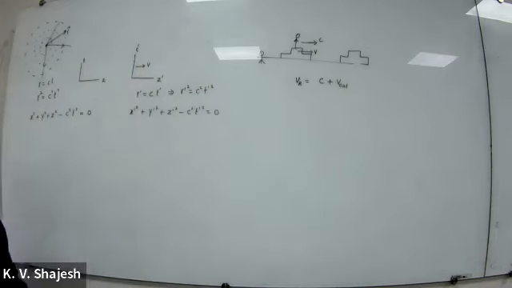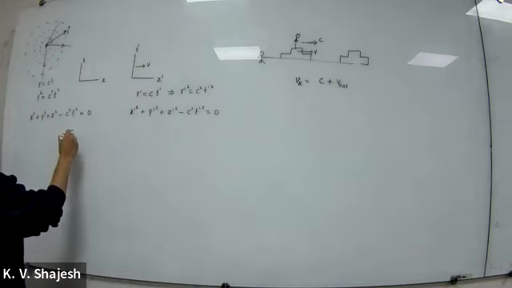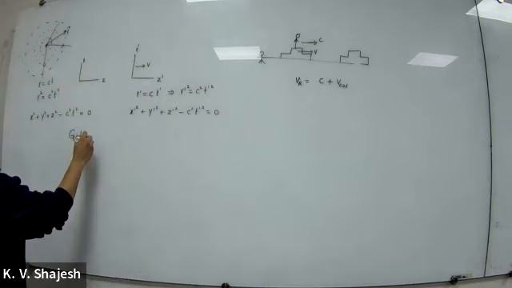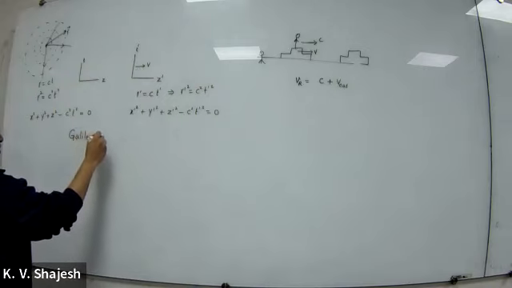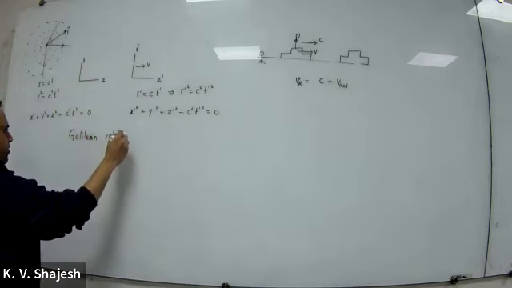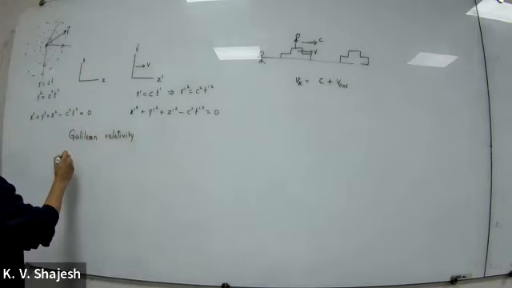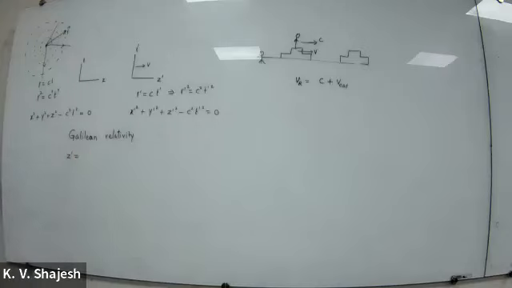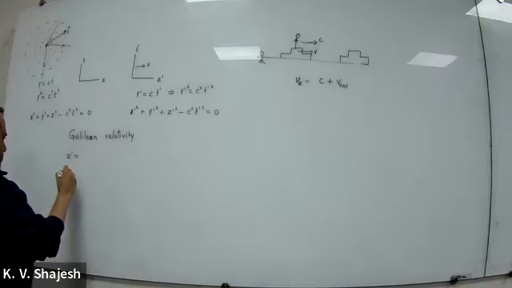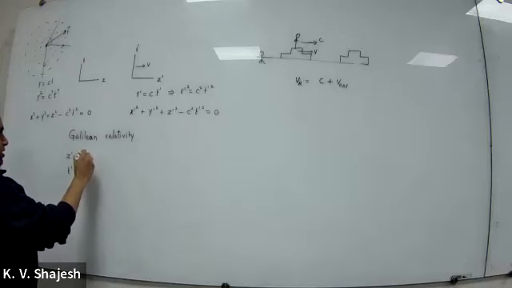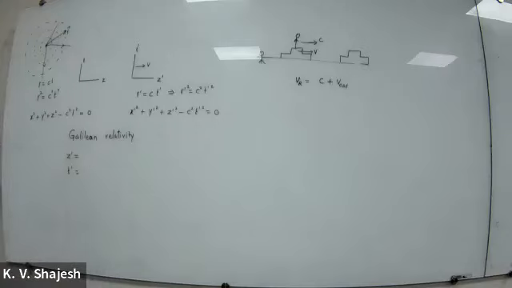Remember, if it was Galilean transformation. So first let's check if it is Galilean. Galilean relativity says that, what is Galilean relativity? What's the transformation between Z prime and Z as given by Galilean?